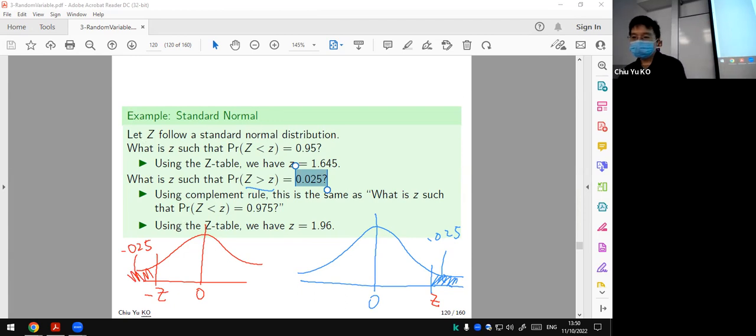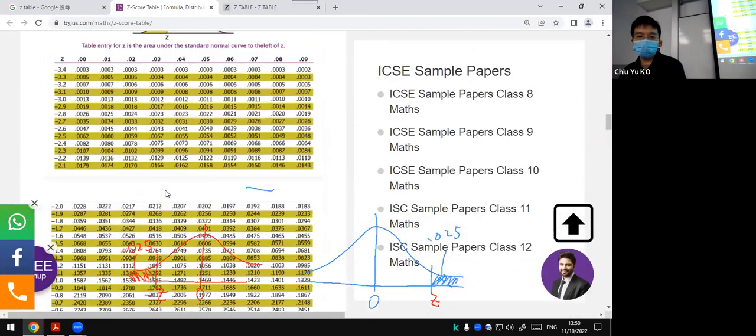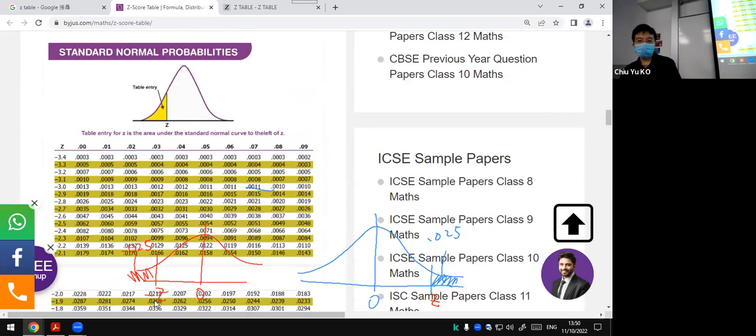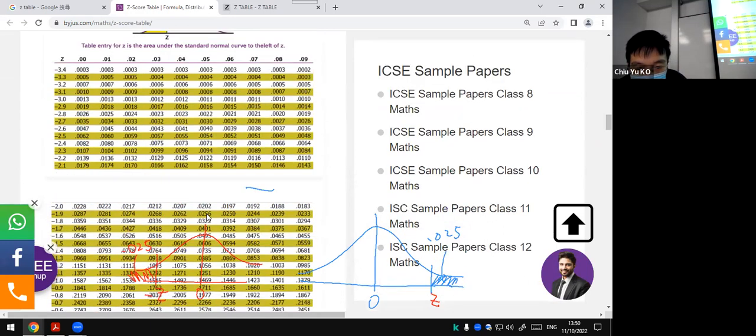Let's look at the first table here. We look at the entry 0.025 and check which is closer: 0.01, 0.02, 0.025 is somewhere here, exactly 1.96.